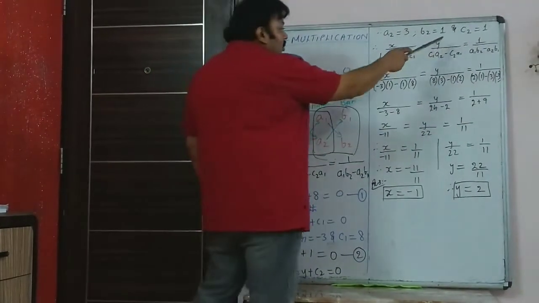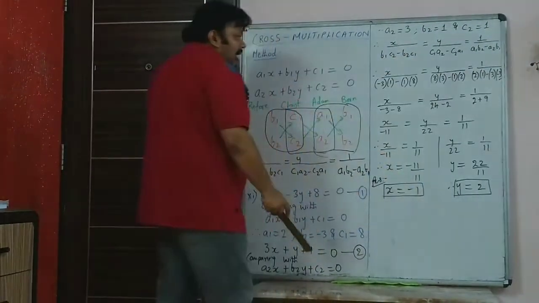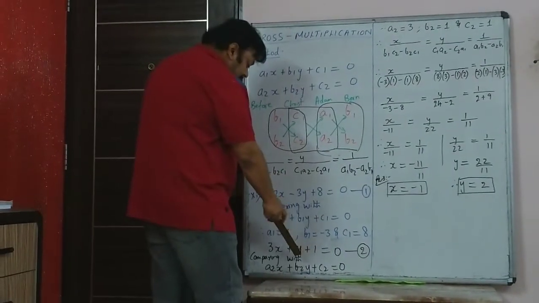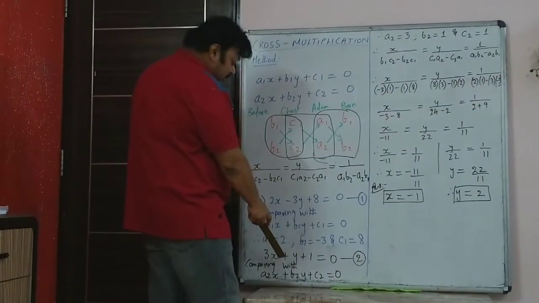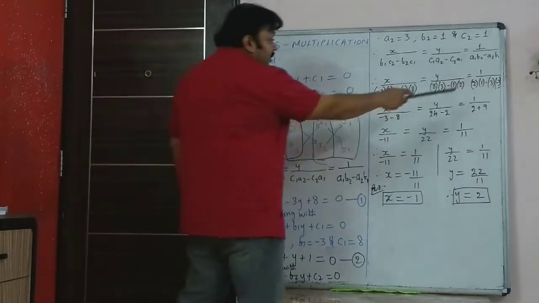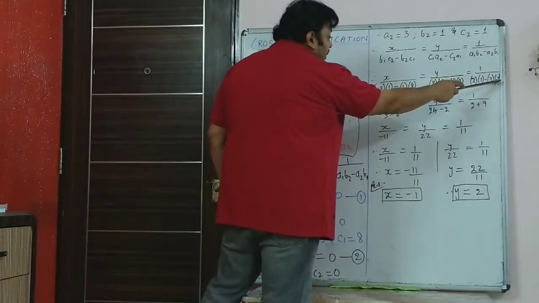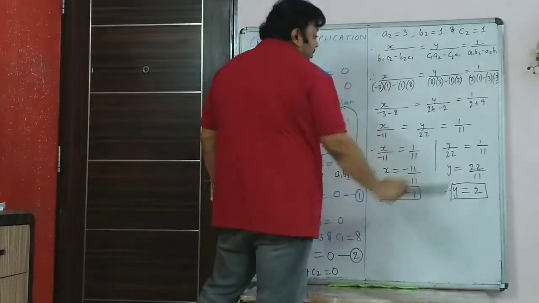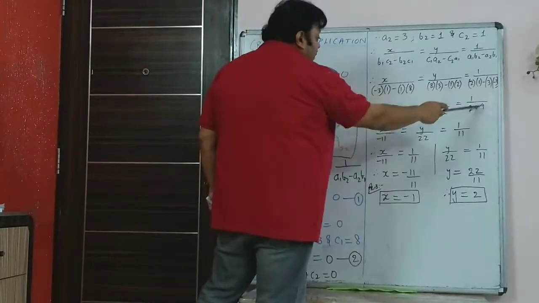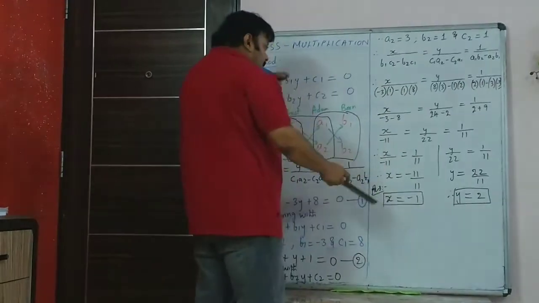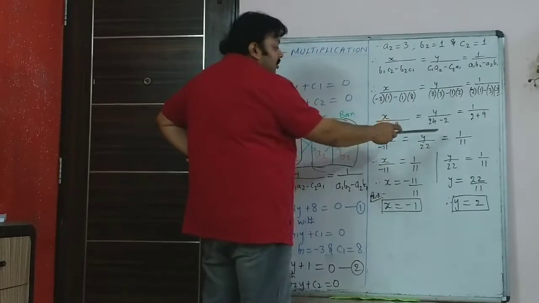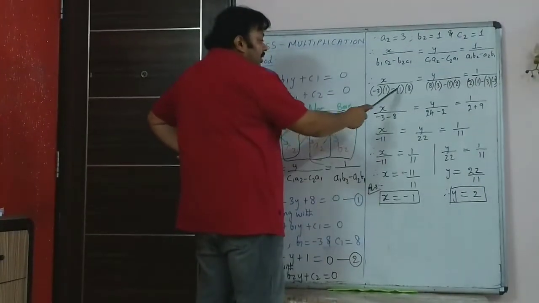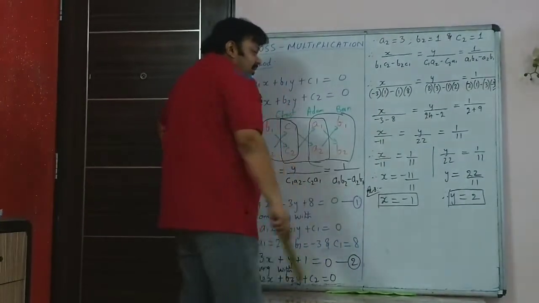So a2 is 3 and b1 is here minus 3. So minus 3 into minus 3 will give you plus. So 2 plus 9, that is 11. This will be 24 minus 2, that is 22. Minus 3 minus 8, that is minus 11.